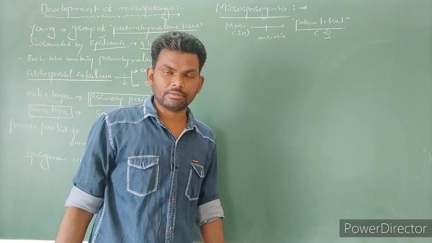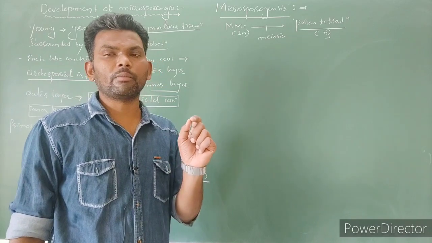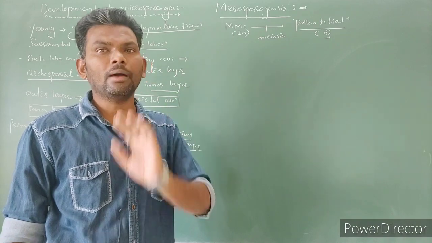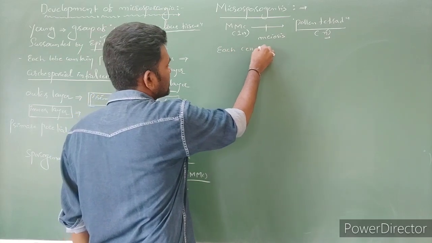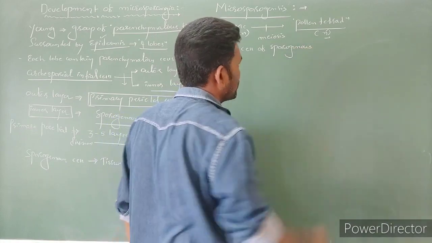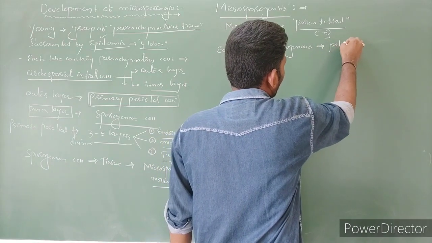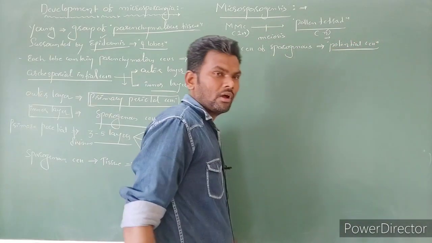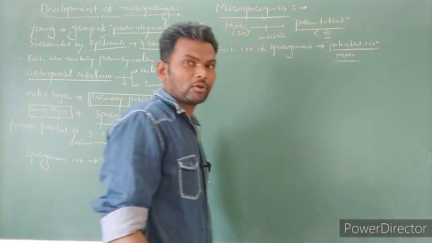Next, according to NCERT, each cell of the sporogenous tissue becomes a microspore mother cell, also called a pollen potential mother cell.